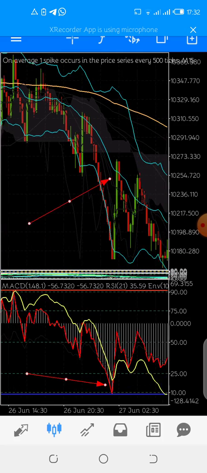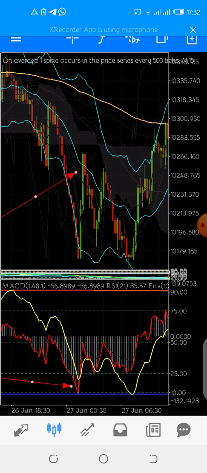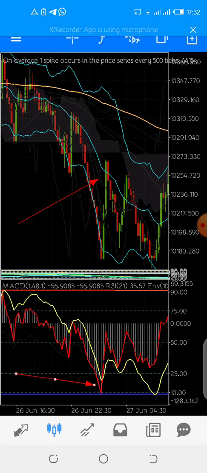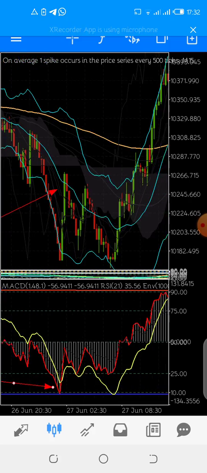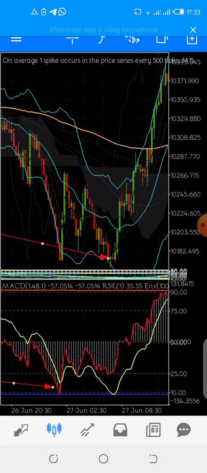Okay, so let's continue. And you see, even immediately after that, as much as it went back, I want us to highlight this. The second time it came, it touched the Bollinger Band, and now it started an uptrend in a very big way.